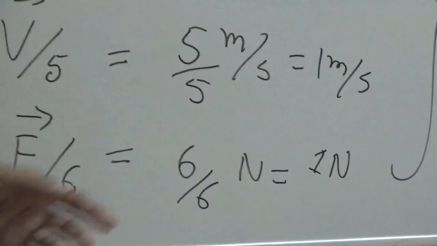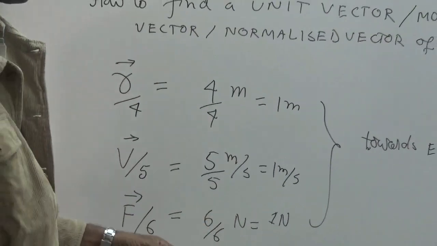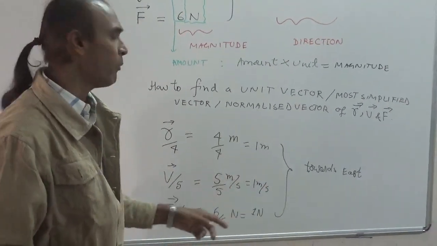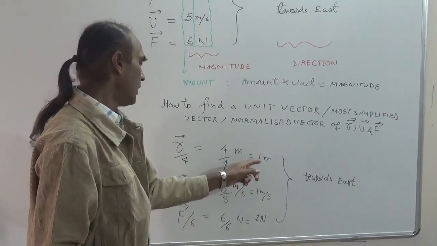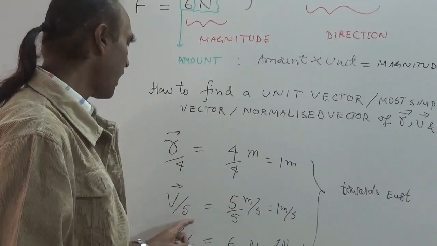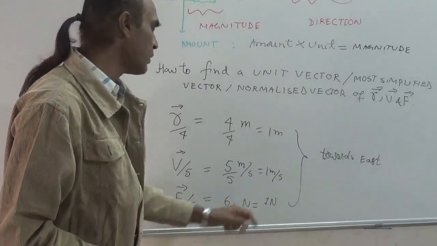Do you think that these are all normalized vectors? No. Do you think that these are the most simplified vectors? No, because R by 4 is 1 meter, V by 5 is 1 meter per second, F by 6 is 1 Newton.